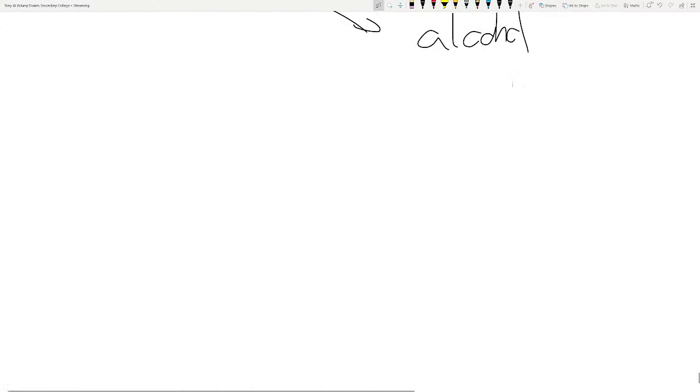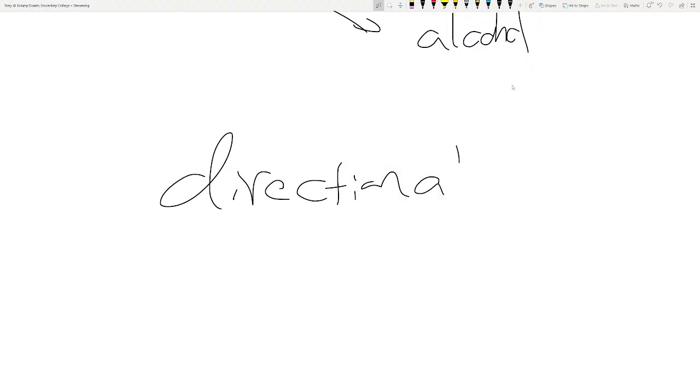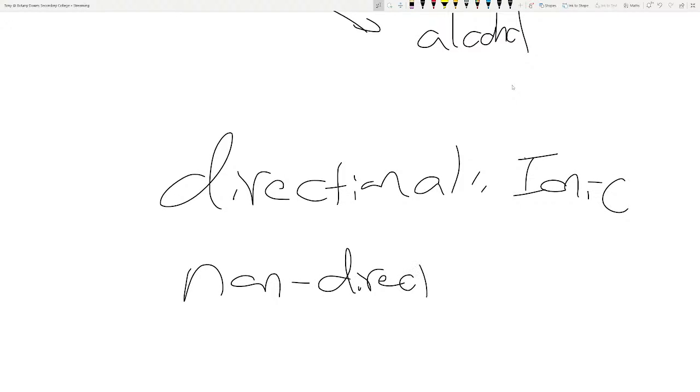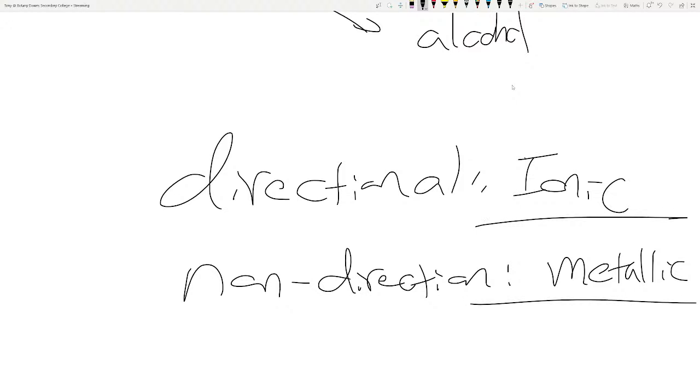Directional and non-directional only applies to ionic, and, I mean, they're all directional except metallic, if you want to think about it that way. But for the sake of examination, this is all they ask you to compare. So when you talk about covalent bonding, the directional nature is not something you need to consider.